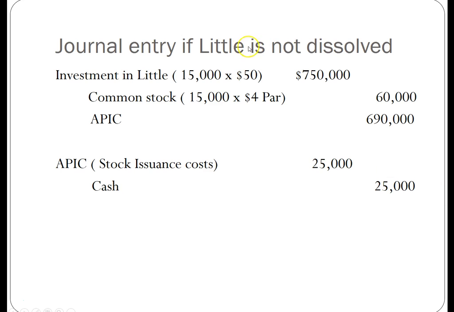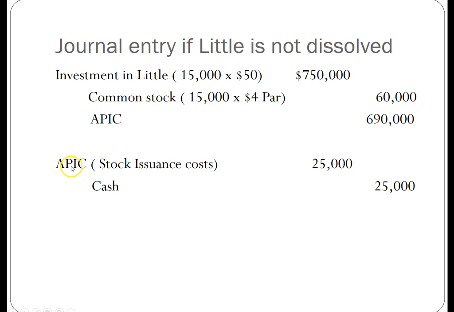First, we'll look at what the journal entries are if Little is not dissolved. Well, we're going to set up our investment in Little account for $750,000. We're going to add additional common stock of $60,000, and we're going to add to that total for additional paid-in capital of $690.